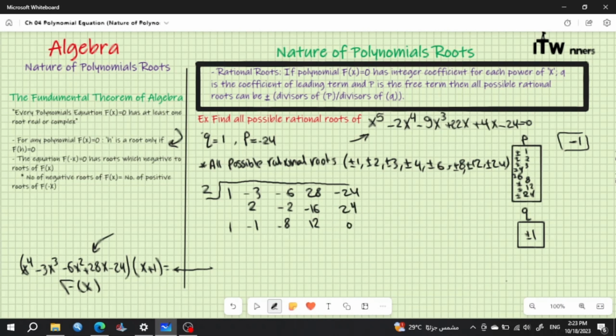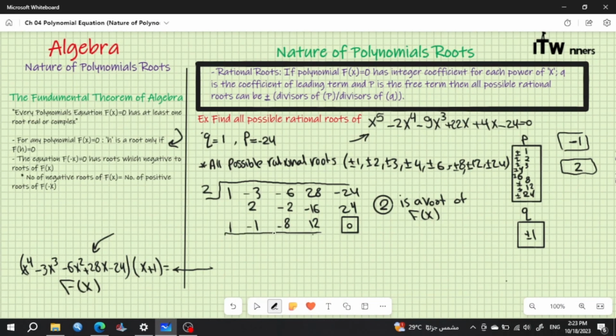So we have here 0, the remainder. So 2 is a root of f of x. Okay, so we have 2 also a root.